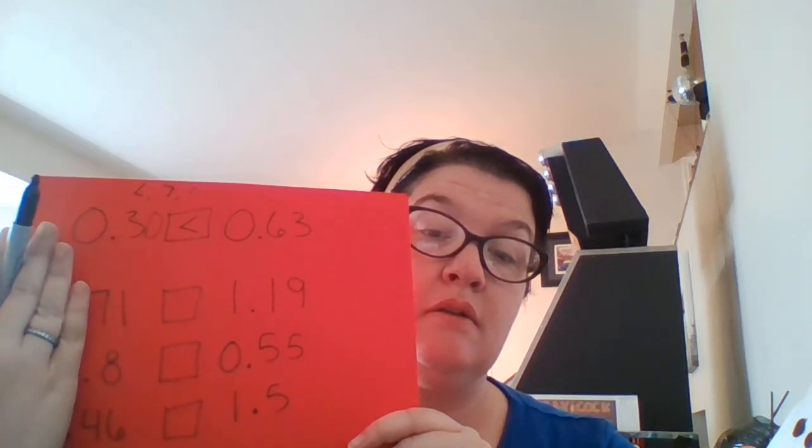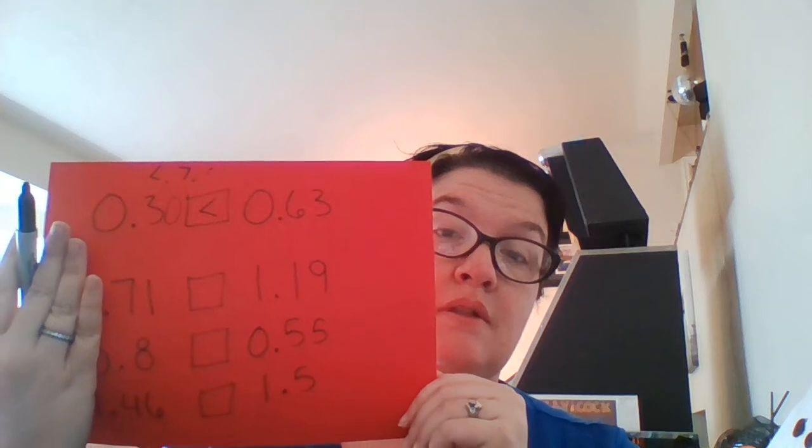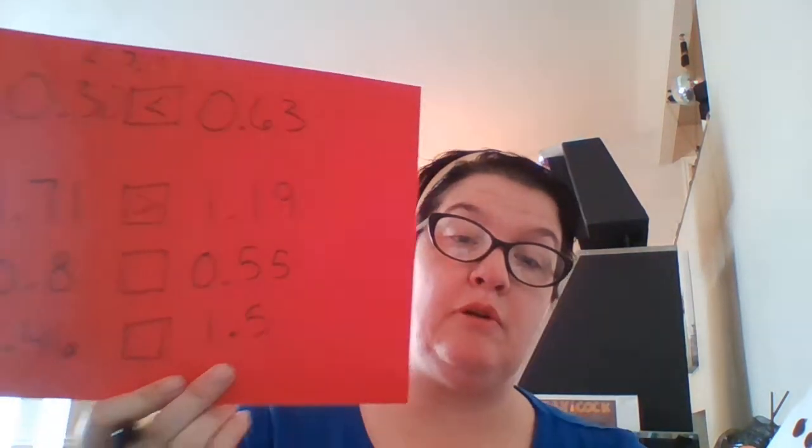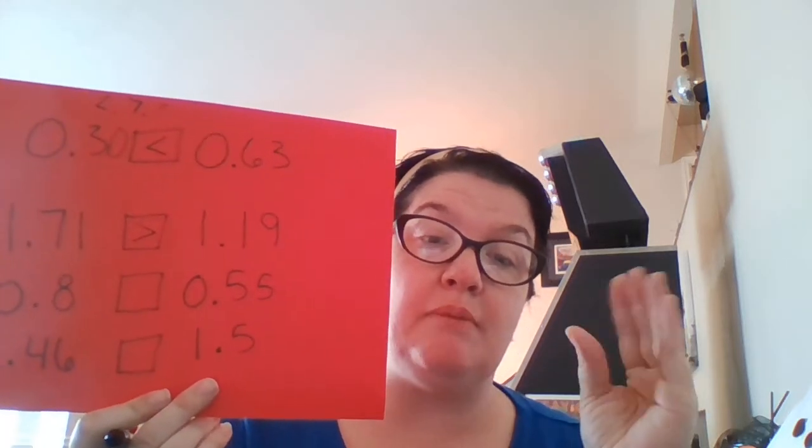Since the whole numbers are the same, we don't need to worry about them. There are 2 spots after the decimal, so we're just going to look at the numbers. 71 compared to 19, the greater number is 71. Okay, remember, the sign always goes towards the bigger one. It's eating the bigger number.